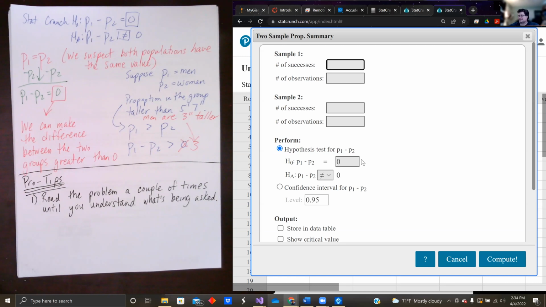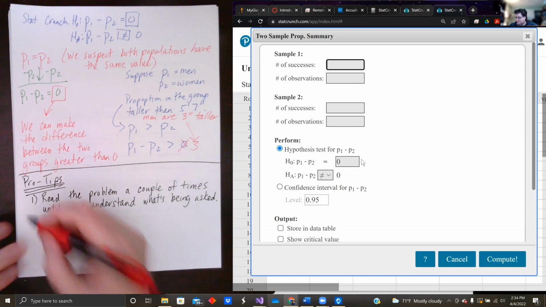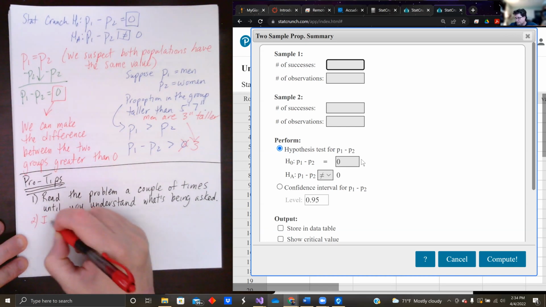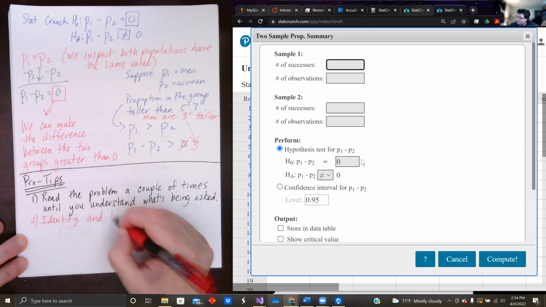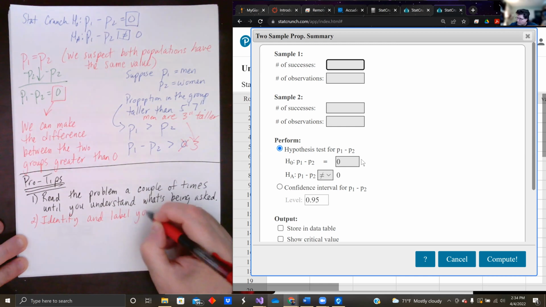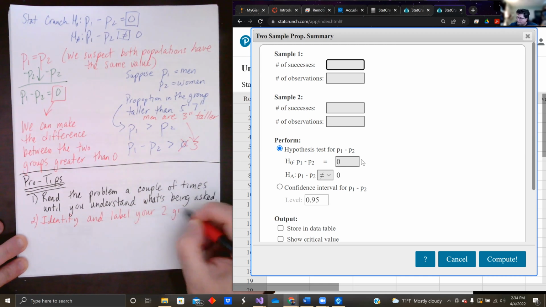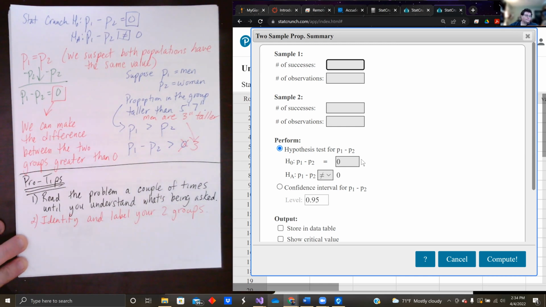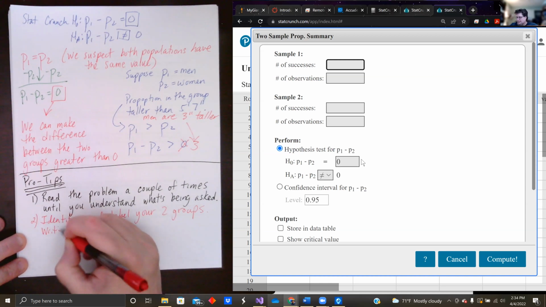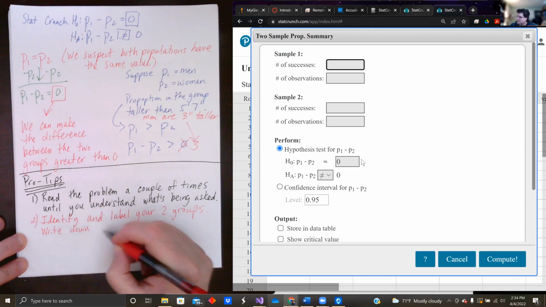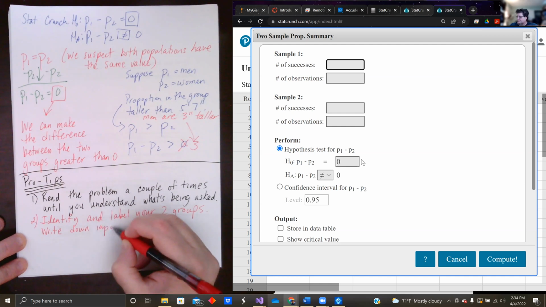Then identify and label your two groups, and write down the traits that go with them. Write down stuff you need to know, important stuff.